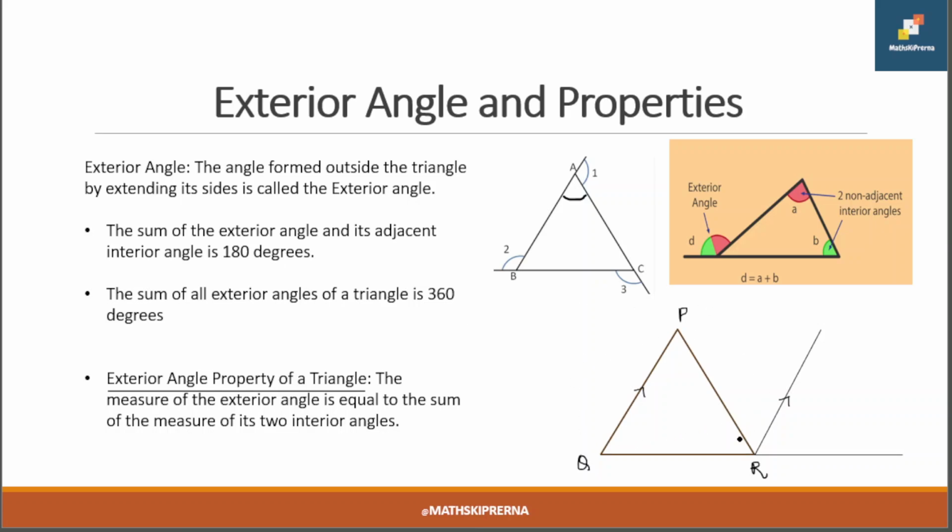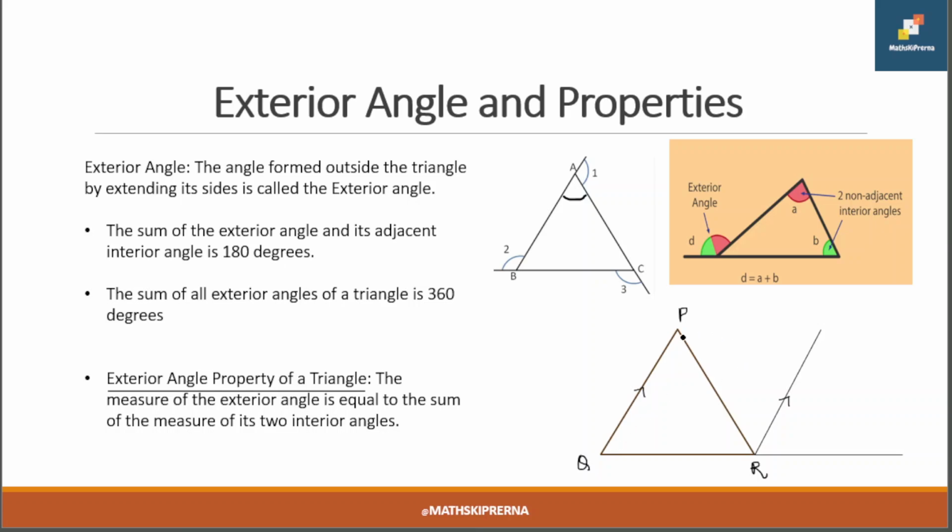So this is triangle PQR. I have extended QR and I have made a parallel line to QR from R. So we understand PR and QR both are acting as a transversal on these two parallel lines.